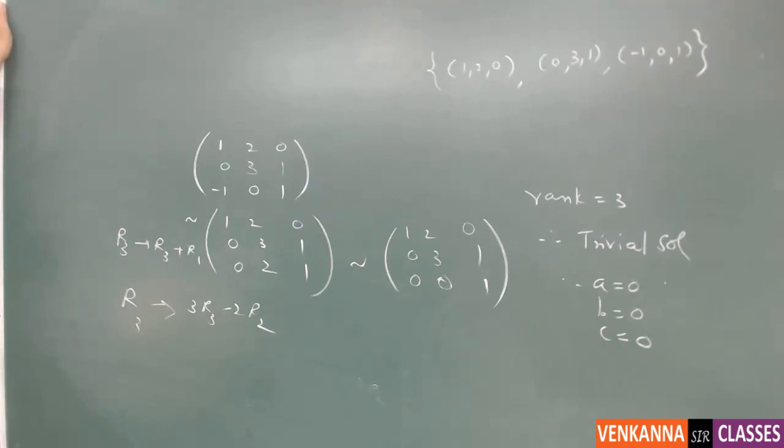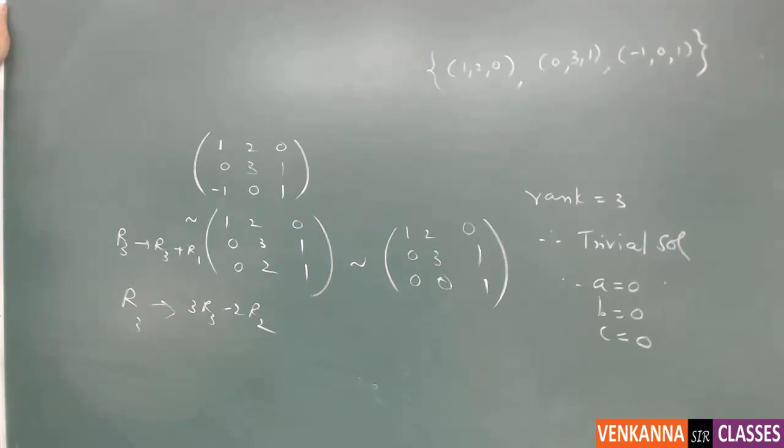Okay. So from this perspective, whatever the number of equations are given for us, we simply go with the matrix and calculate the rank. If the rank is equal to the number of variables, then the homogeneous system will have a trivial solution. So the scalars are nothing but 0 only. So the given set of vectors will become linearly independent.